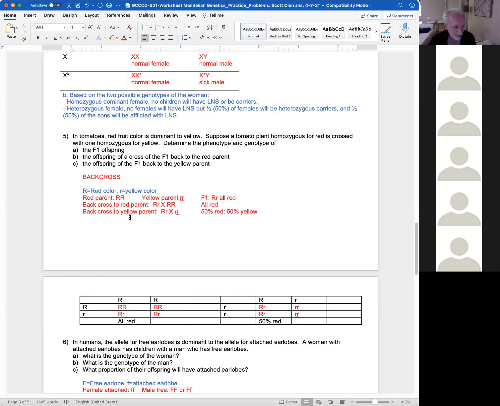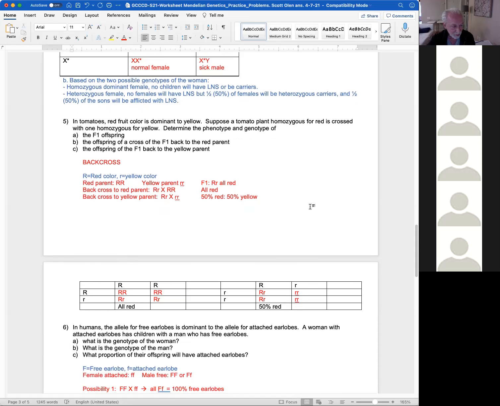However, if we backcross to the yellow parent, we're now taking a heterozygote F1, big R, little r, times little r, and that's shown on the right. And you can see, if you look at what happens in each square, that 50% of them are red. So in contrast to the segregation that you might see if you did a self or a true F2 generation, if you do backcrosses, you see something different.